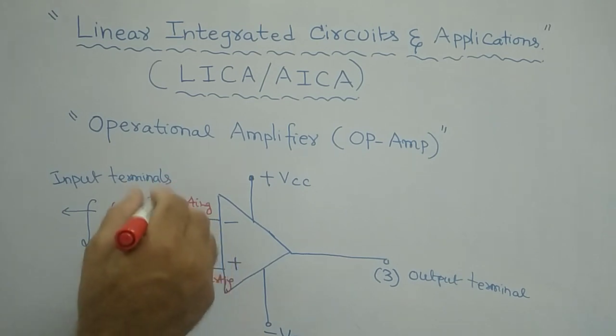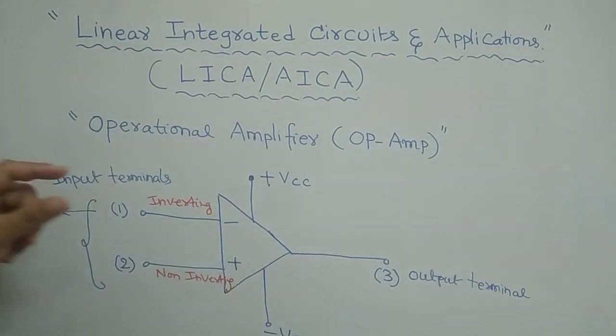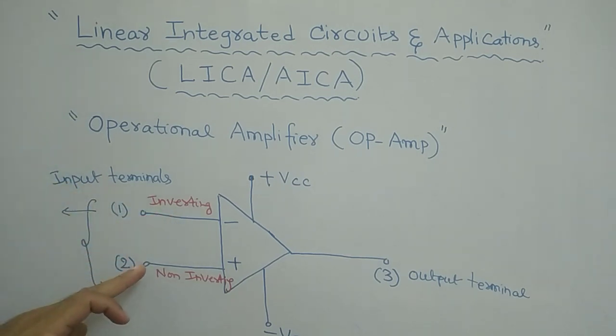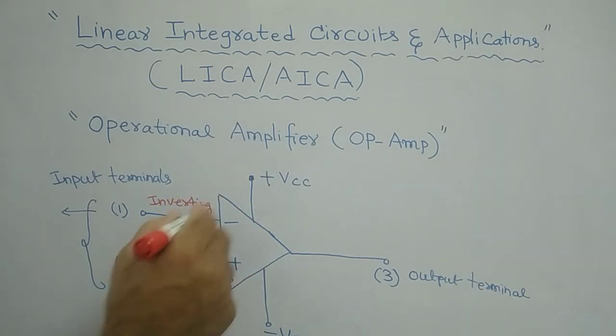So if you apply the input to the inverting terminal, the plus terminal, the non-inverting terminal, will be kept at ground, and in that case it is called an inverting amplifier.